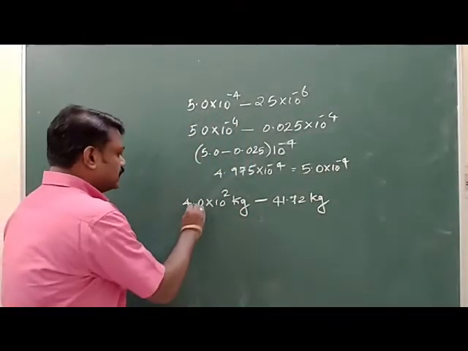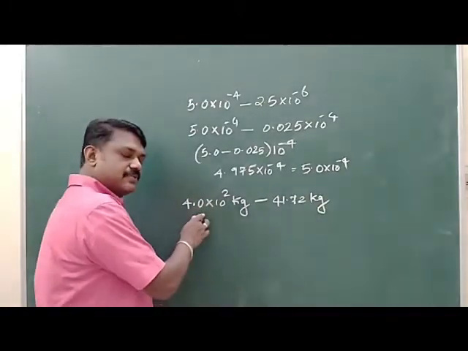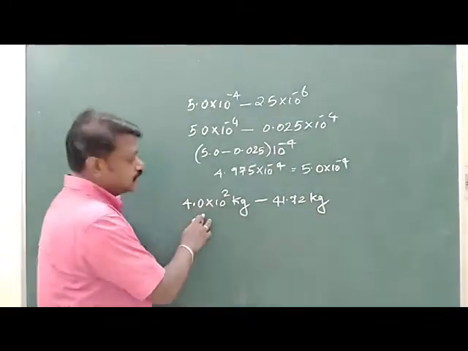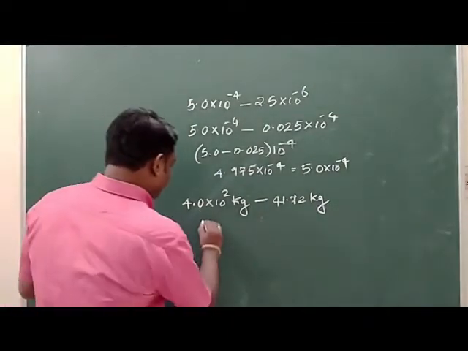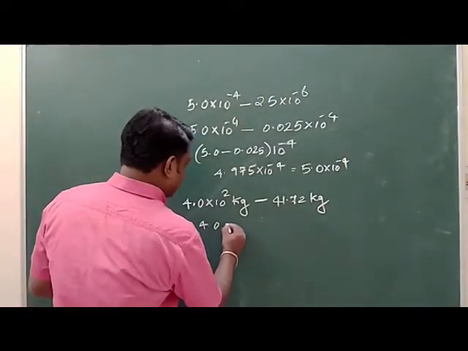So the quantity containing the least number of significant figures is 4.0, that is 2 significant figures. So when you are subtracting that, you will get 4.0.